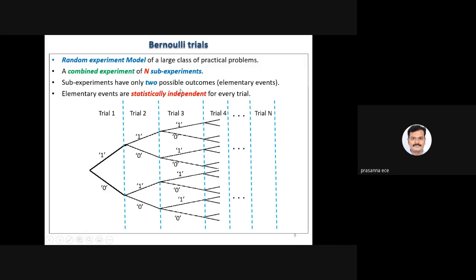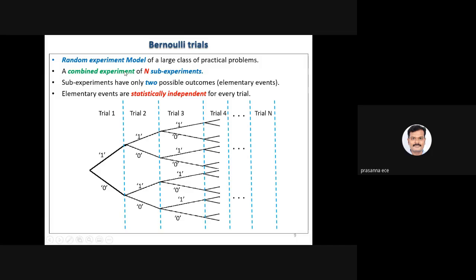Basically, it is a combined experiment of n sub experiments. This is one experiment, this is an experiment, this is an experiment. So it is just an extension of our previous example, where we are doing multiple tosses of a coin. The same thing can be extended to define what is known as a Bernoulli trial.